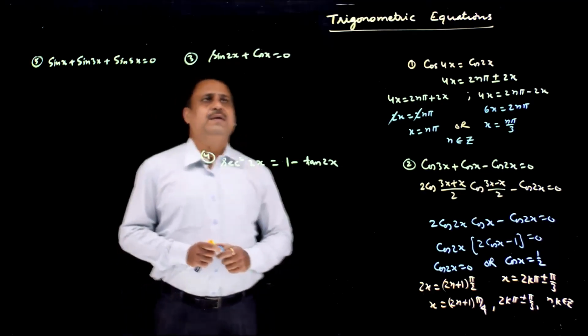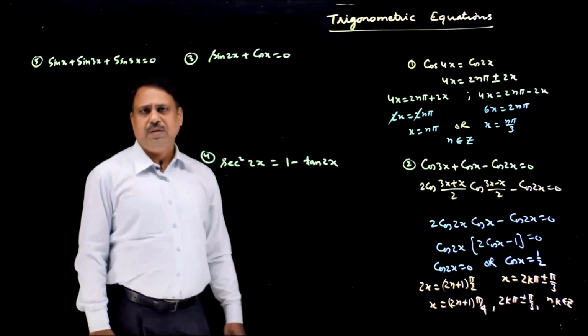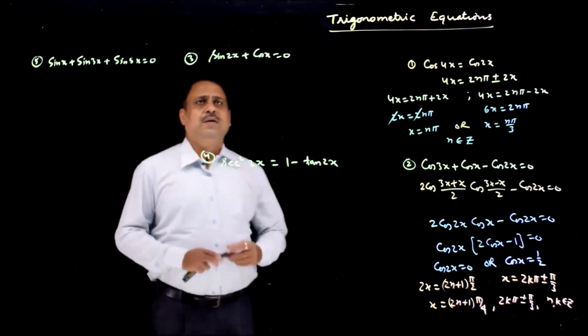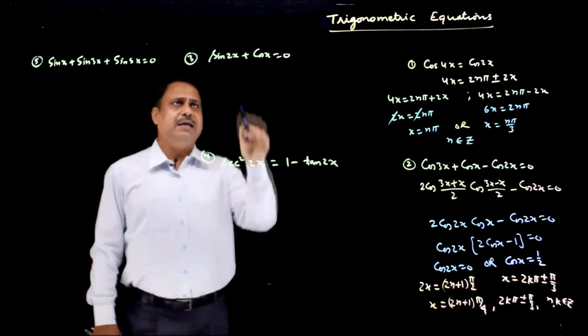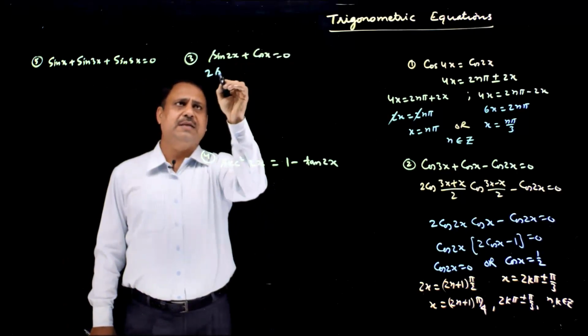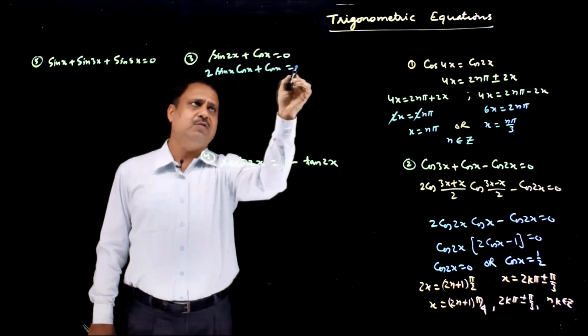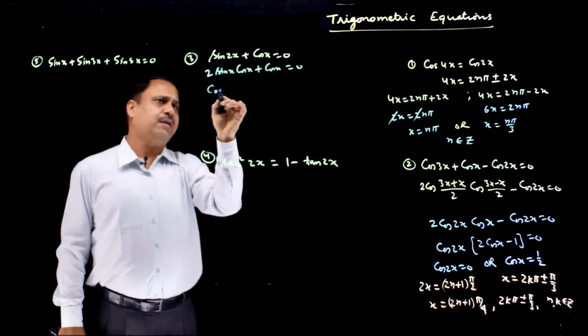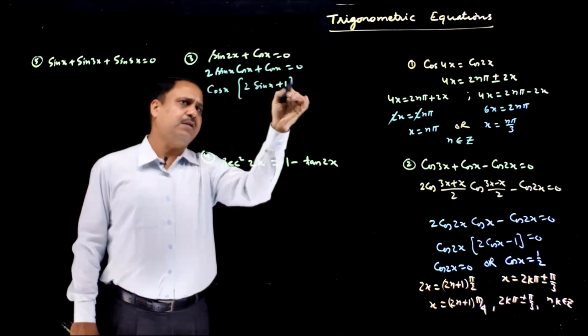Now, in this question, sin 2x plus cos x is equal to 0. There are different ways of solving this. I can write this as 2 sin x cos x plus cos x is equal to 0. So cos x I can take outside. I will get 2 sin x plus 1 is equal to 0.